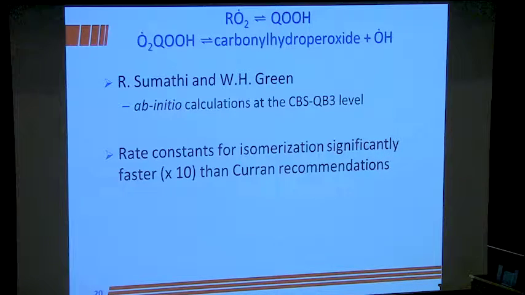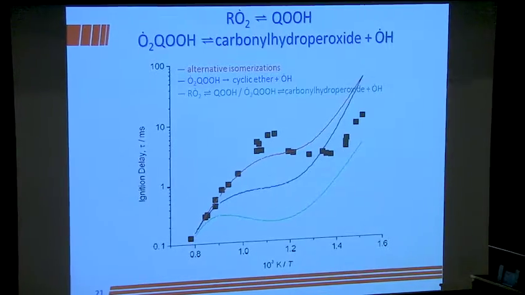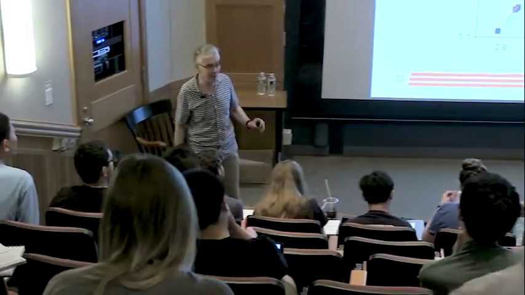The rate constants for isomerizations, again, were an order of magnitude faster than the ones that I was recommending in the model. Okay? And if we put in their rate constants for these isomerizations, RO2 to QOH and O2 to QOH giving us carbonyl hydroperoxide plus OH, we're an order of magnitude faster. Okay? So now we really don't know what we're talking about. Really, really don't know.